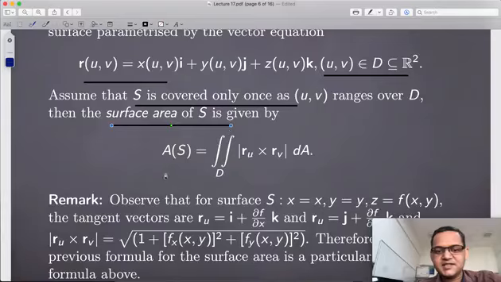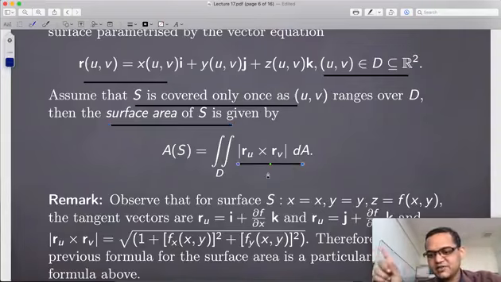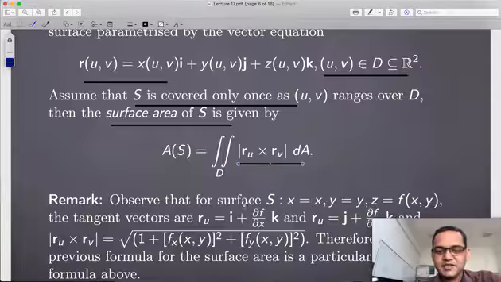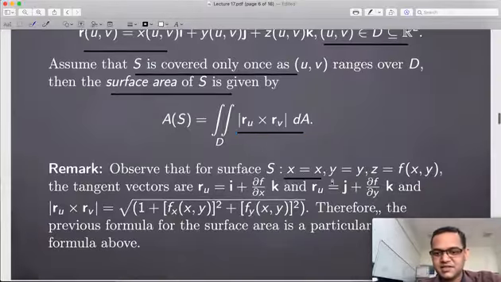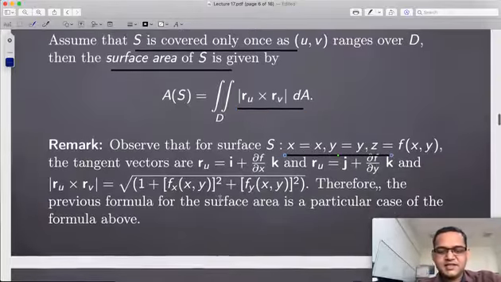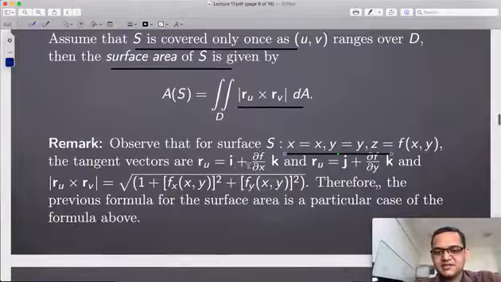Then the surface area is defined by this, precisely the same formula which we had for the surface area of graphs of functions. Instead of this we had the square root of 1 plus f_x squared plus f_y squared, isn't it? If you look at that particular surface, the tangents are precisely these vectors, and if I compute the cross product and its modulus, I am precisely going to get this.